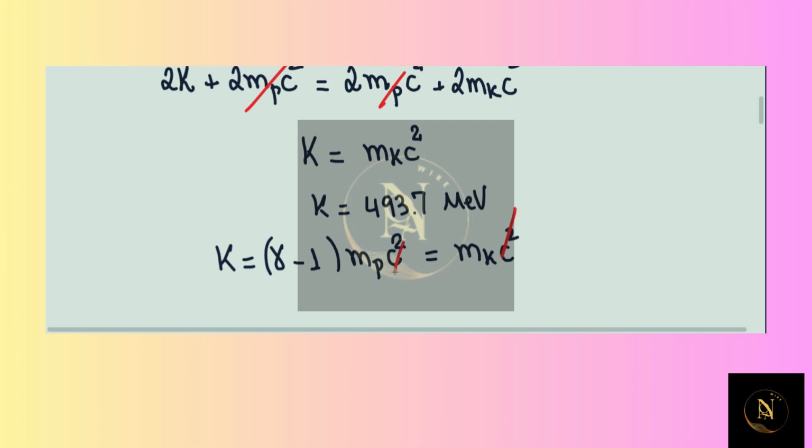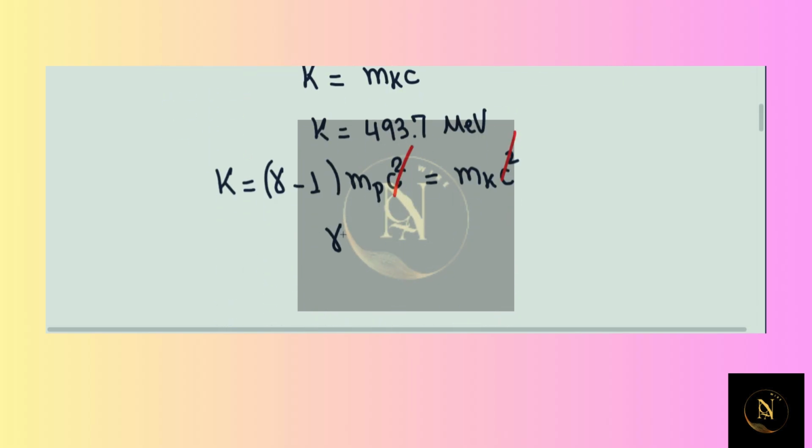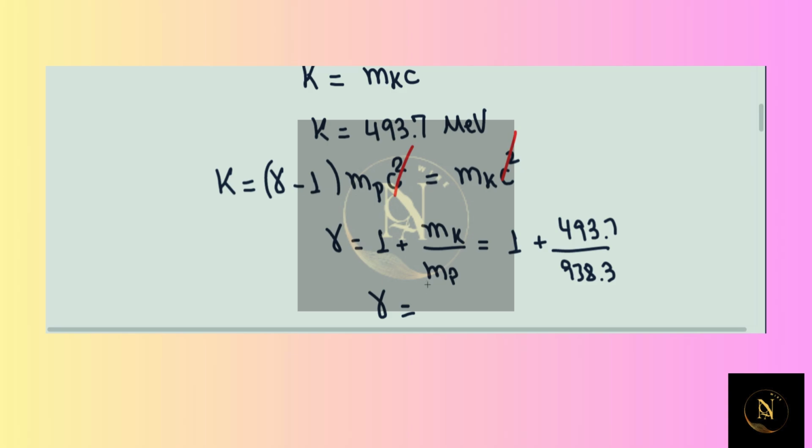The c's cancel out, and gamma is 1 plus the mass of the K over the mass of the proton. This is 1 plus 493.7 divided by 938.3. So gamma is equal to 1.526.